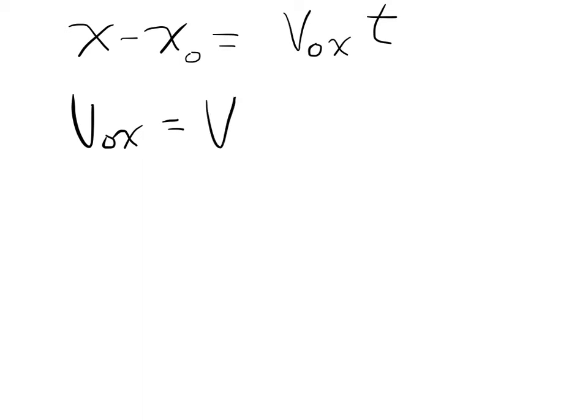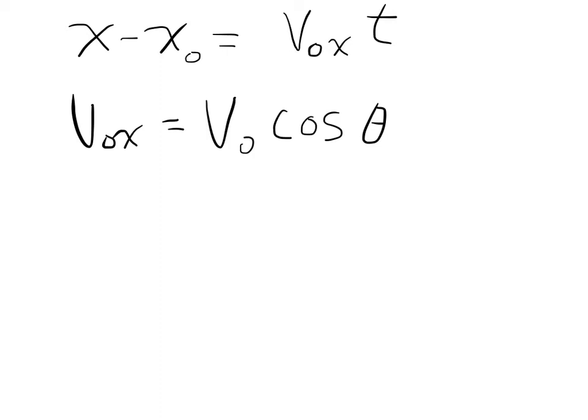It was your do now, guys. Okay, v naught x is the x component, right? Which we can see from a triangle as v naught cosine theta. So everybody clear on that?